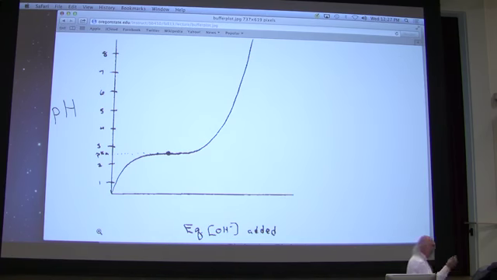So the pKa is a measure of the strength of a weak acid. We saw that as the pH went down, the proton concentration went up. You will see as the pKa goes down, the strength of a weak acid goes up.